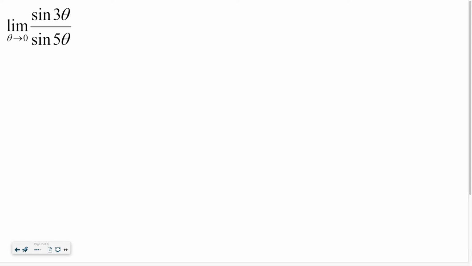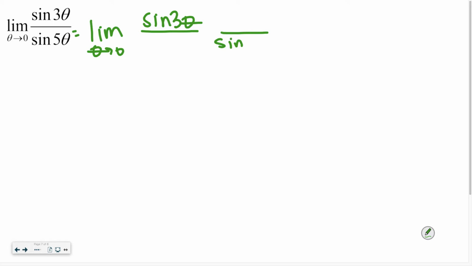Okay, so I'm going to do one step at a time. If we want this sine of 3 theta to be a part of a special limit, then its denominator would need to be what? 3 theta, okay? So I'm going to split this up to sine of 3 theta over sine of 5 theta.